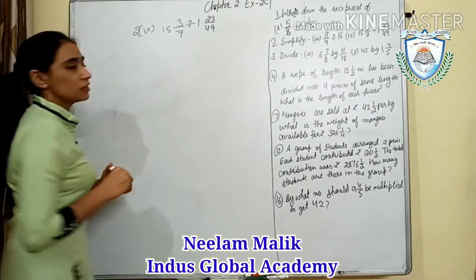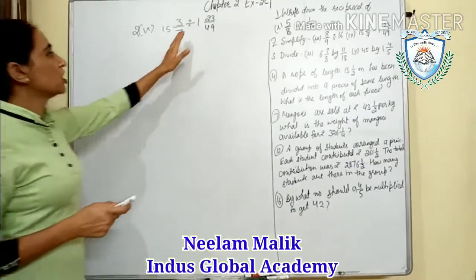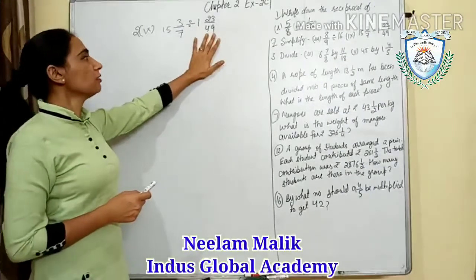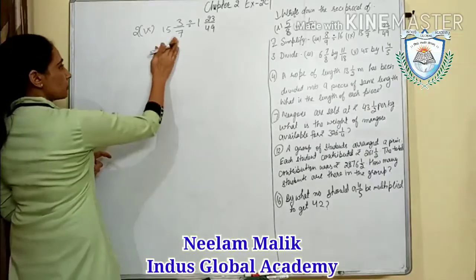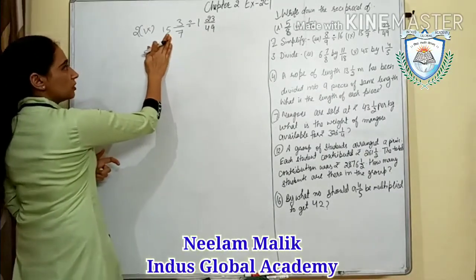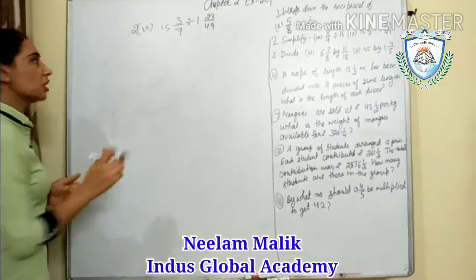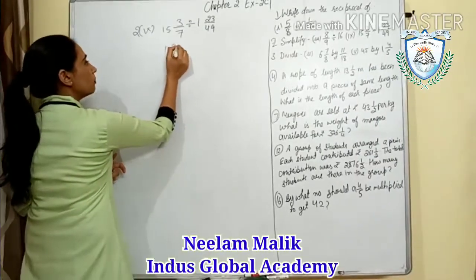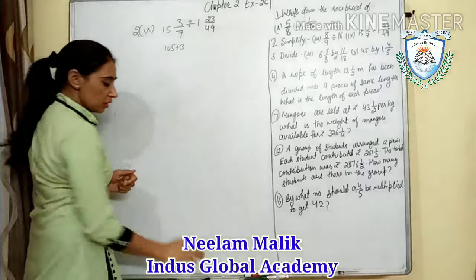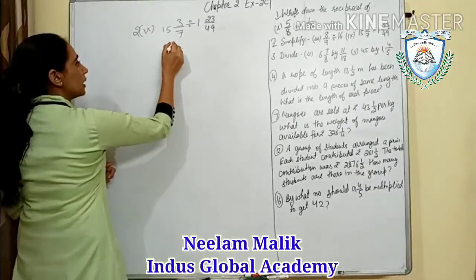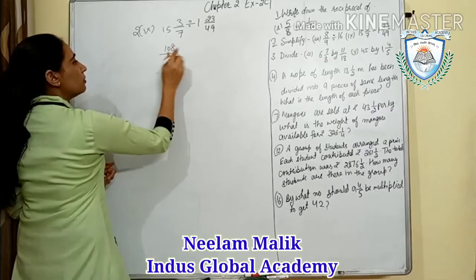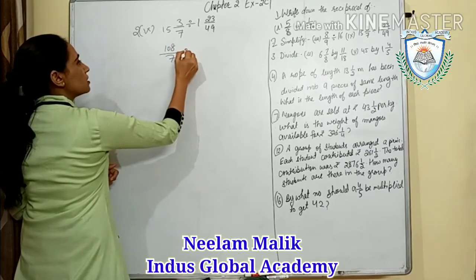Okay, after that we will change this into multiplication and reciprocal of this number. So first do this. We have to multiply this. 15 7s are 105 plus 3. That will be 108. Okay, that will be 108 and denominator will be as it is, division sign.